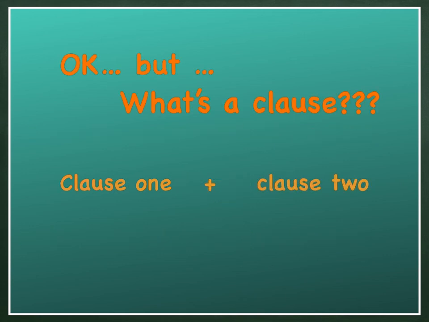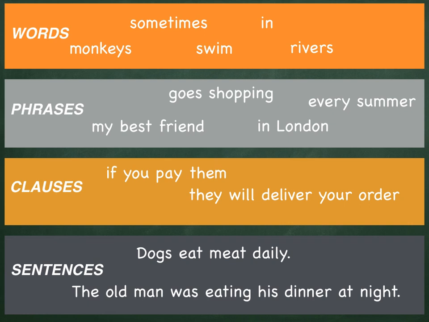But there's the question. What's a clause? Let's have a look. You can see this table. It has words, phrases, clauses, and sentences. Words are easy to understand. They have meanings.